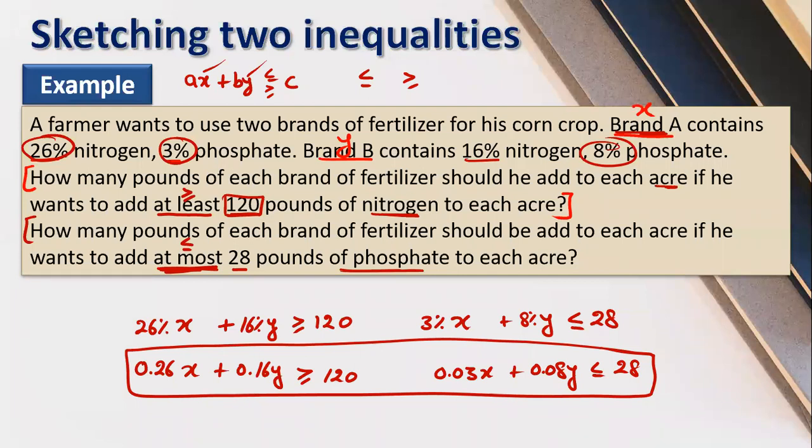Overall, whenever we do mathematical modeling, the first question might be hard for you, but once you do many questions, it will be very simple. You will immediately make the model, because all LP problems have the same information and the same shape. You will immediately understand which one is x, which one is y, and whether to take less than or equal or greater than or equal.